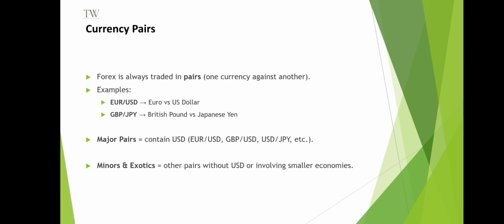Now we also have the minor currencies. I'm sure you can see some of them listed on your screen as well. We have the minor currencies, which are the Euro GBP, Euro CAD. You already know the meaning of Euro. We also know the meaning of CAD. We also have the Euro NZD, we have the Euro AUD, we have the GBP CHF, the CAD CHF, and the USD ZAR.